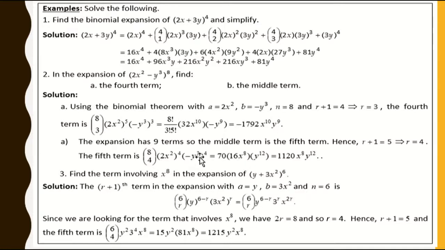Then, y to the power of 3 times 4, that is 12. Since the power 4 is even, the result is positive. Okay, then 70 times 16, that is 1,120. Then x to the power of 8, y to the power of 12.